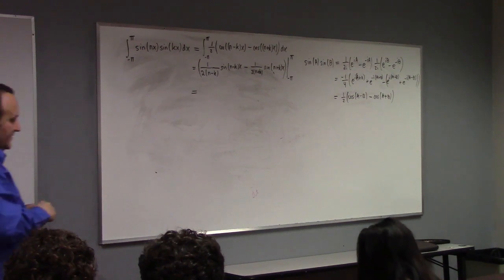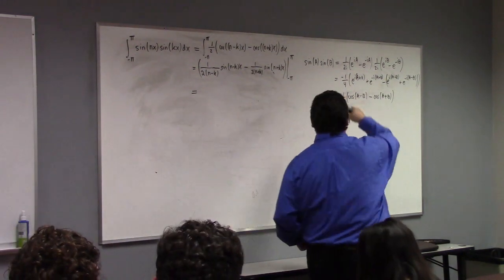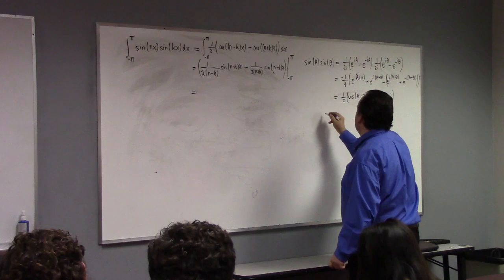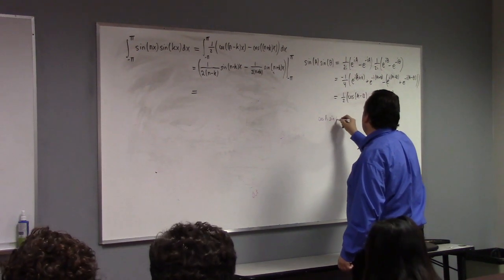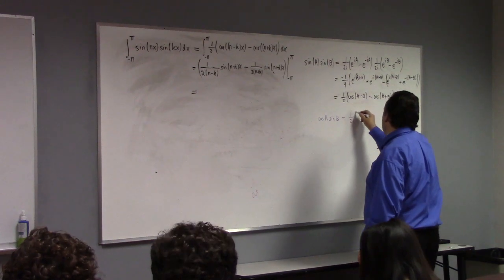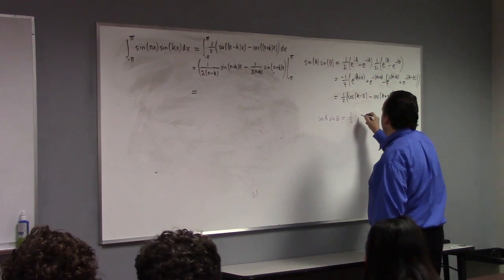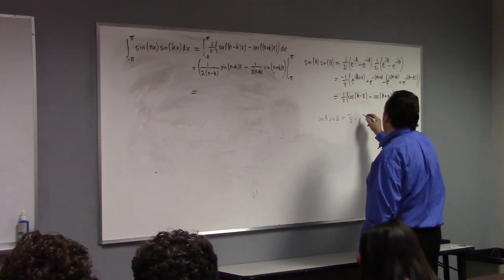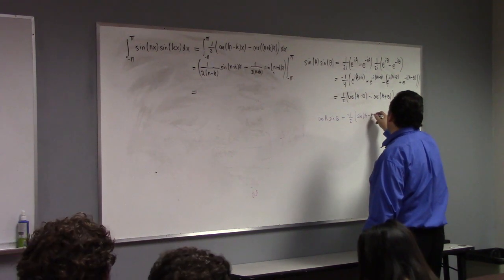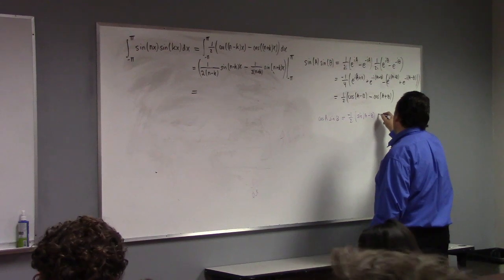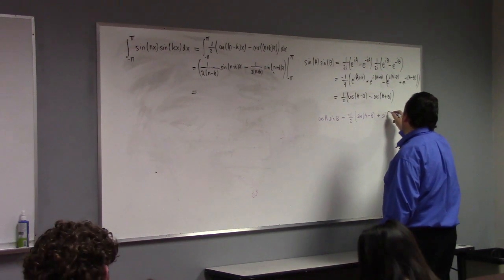While you guys are figuring that out, we differentiate this thing with respect to a. I get cos a sine b equals 1/2 of minus sine of a minus b plus sine of a plus b.